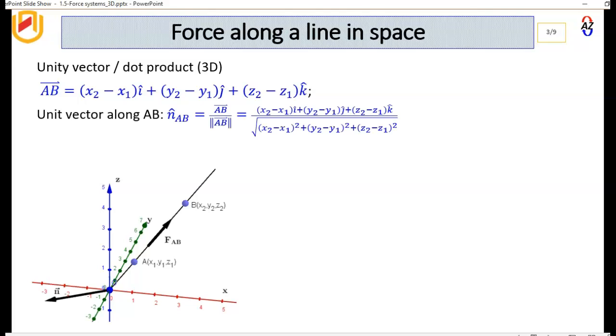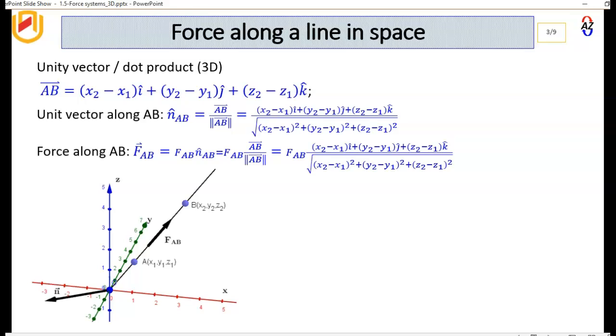The unit vector along AB is the vector we just wrote divided by its magnitude, where the magnitude is the square root of the sum of the squared differences, as you see at the bottom here. This is called normalizing the vector.